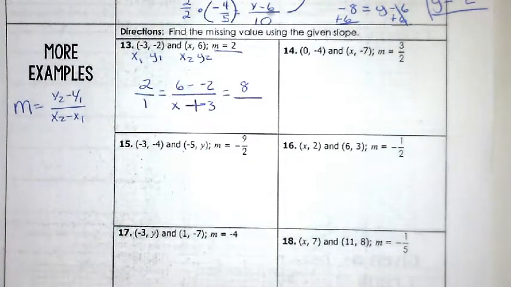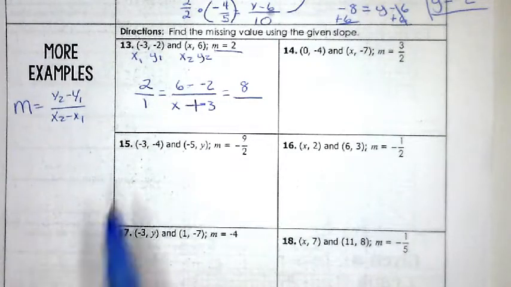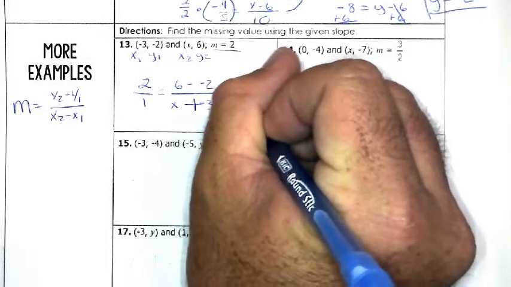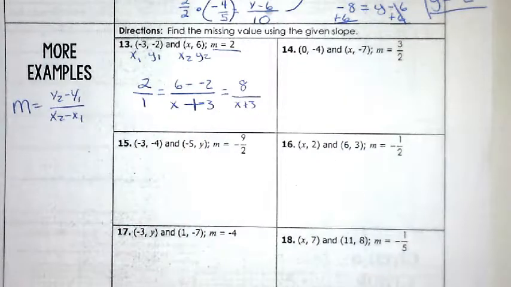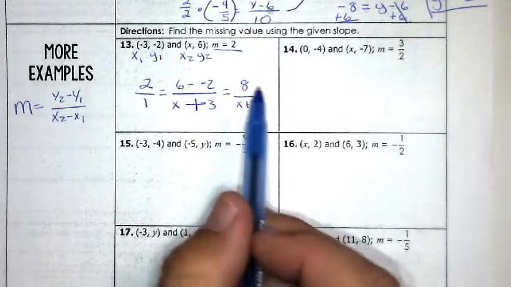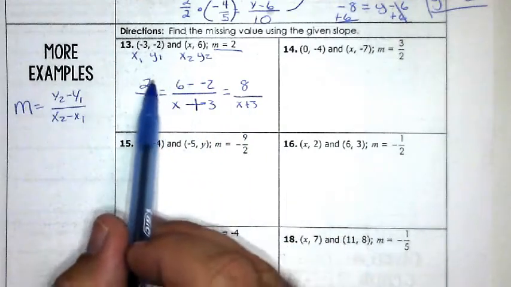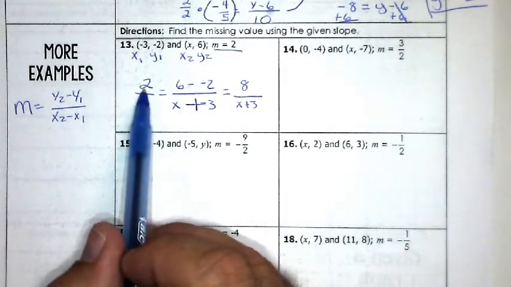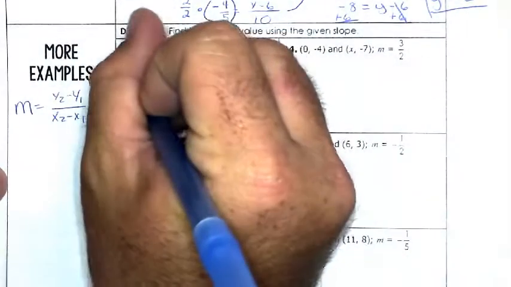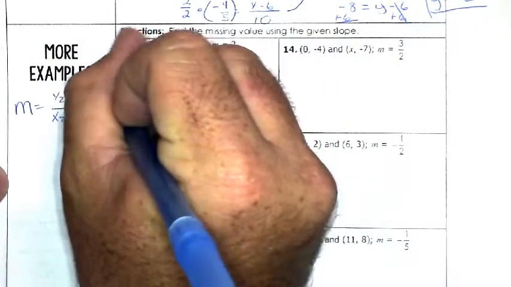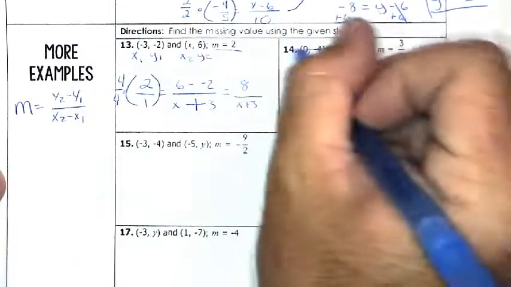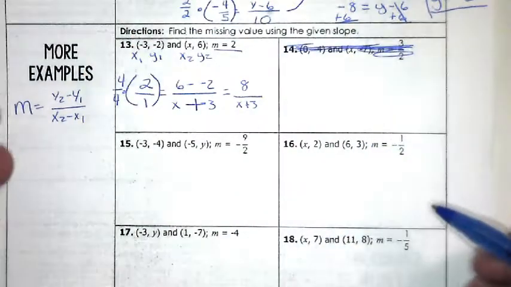Now, the variable that's missing is in the denominator. Do you agree with that? Okay? What I have is a numerator of 8. What can I do to get my slope to have a numerator of 8? Times 4. Now, we're not doing 14, so I'm going to use that space over here. So now what I have is 8 over 4 equals 8 over x plus 3.